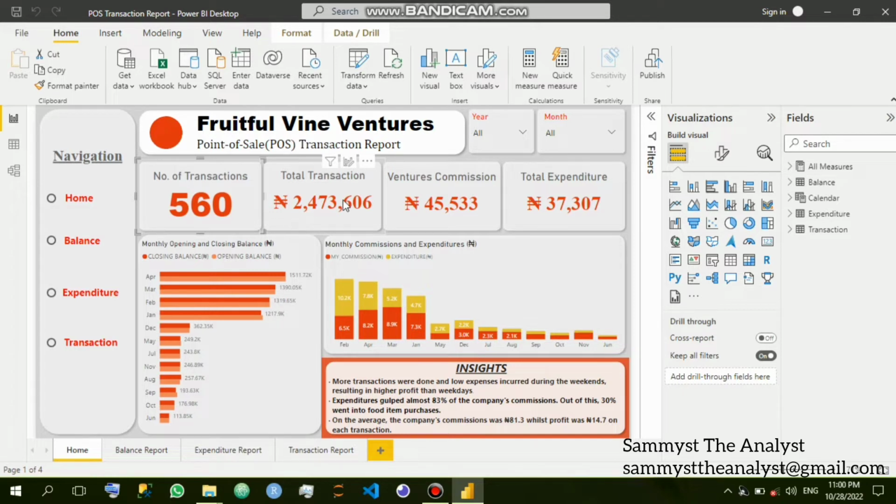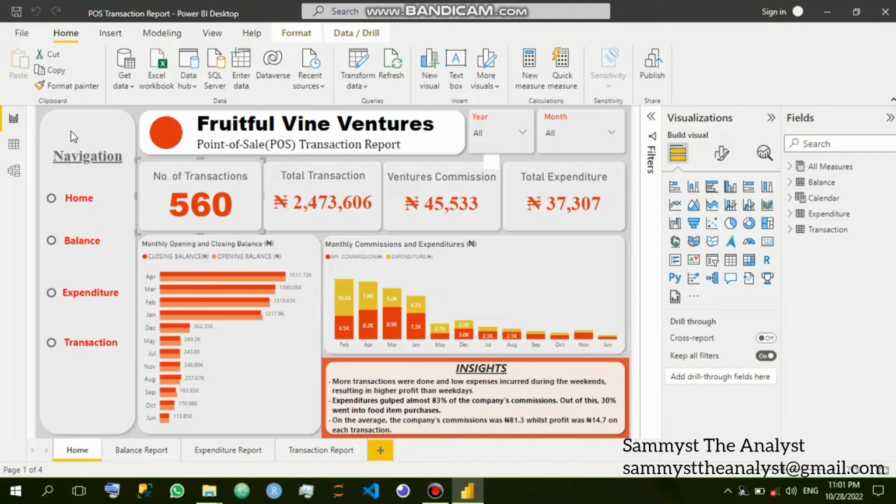And out of this amount of transaction, the company has a commission of 45,533 naira, and then total expenses that were incurred was 37,307 naira. So we can see here that the expenditure was quite on the high side as compared to the commission.